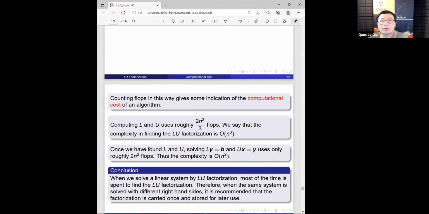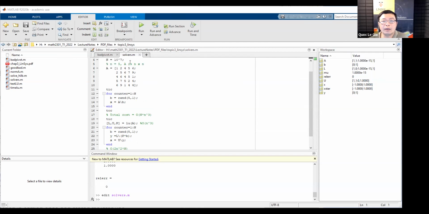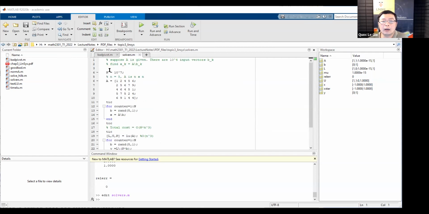Okay, so now if you go back to MATLAB here, we try to explain that. Suppose you have capital N, like 10 million, linear systems.